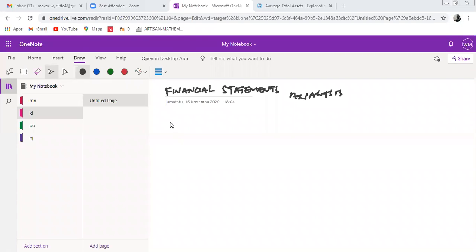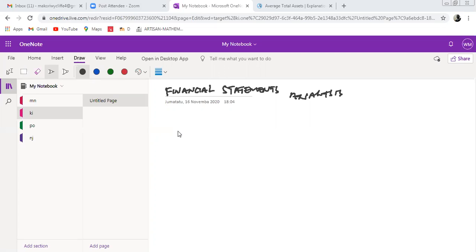The question reads, the following information relates to Karonga Limited for the years ended 31st December of 2017 and 31st December of 2018. And we are given the values for those 2 years. We are given the total assets, 22,800 for 2017, 2018 is 25,400.